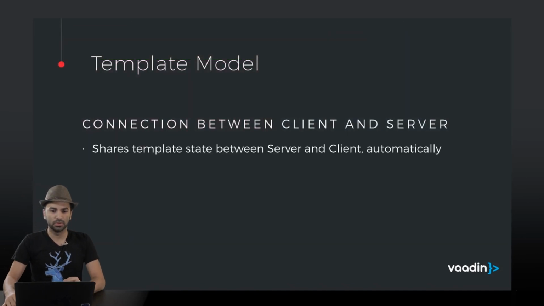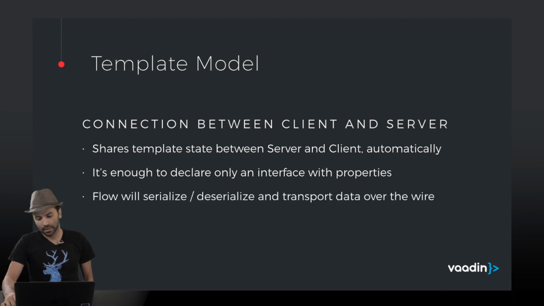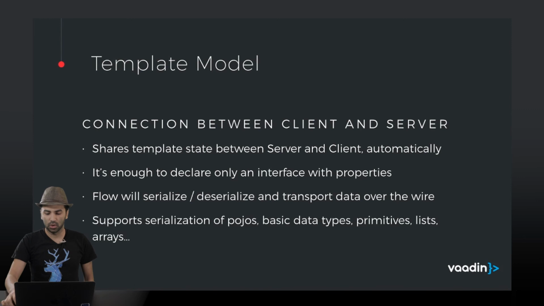It allows you to make a communication or a connection between the client and the server. It shares automatically the state of the template. You don't really have to do anything about it. It's enough for you to declare an interface with the corresponding properties. And the Flow will automatically serialize and deserialize the data transported between server and client.